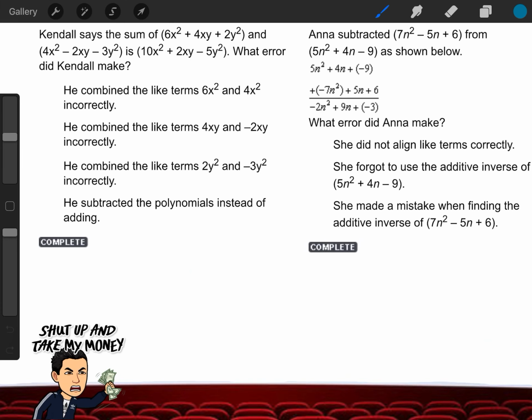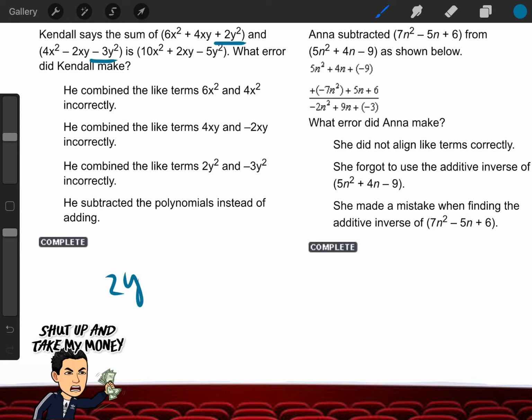All right, so another crazy question. Okay, so they're asking what kind of error that Kendall made. So what happened here is that if you just focus on the 2y squared, and that combines with negative 3y squared.